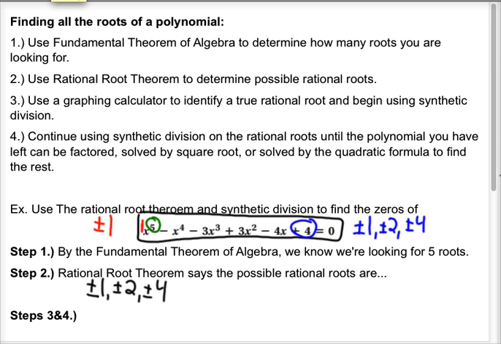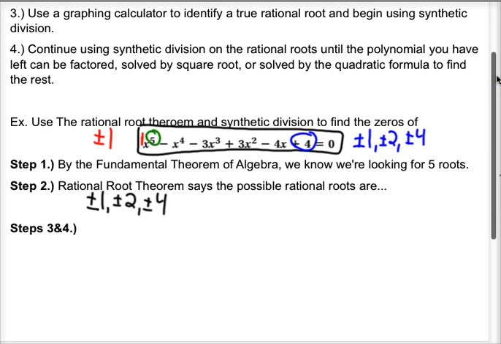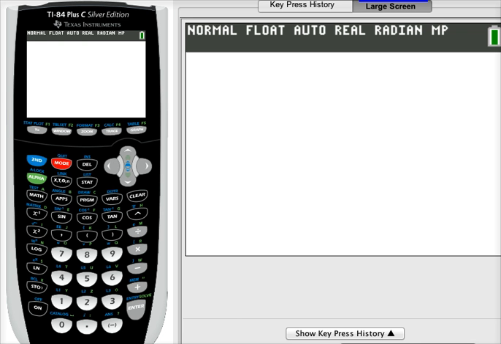Now, the next thing we're going to do is use a graphing calculator to identify a true rational root and begin using synthetic division. So we're going to pull out our graphing calculators because we're going to graph this equation.